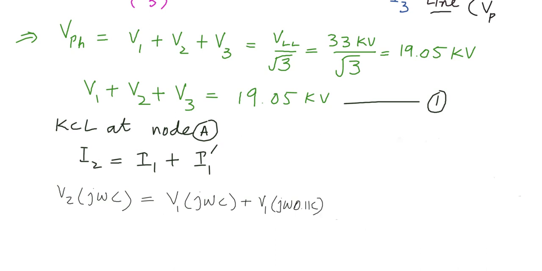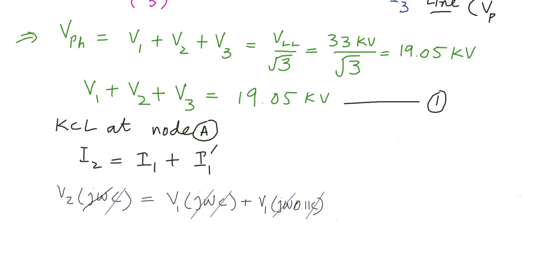Okay. So we will now reduce this equation. As we can see, j omega is common in all of these terms. So we will cancel j omega, and C is also common, so we will cross C as well.